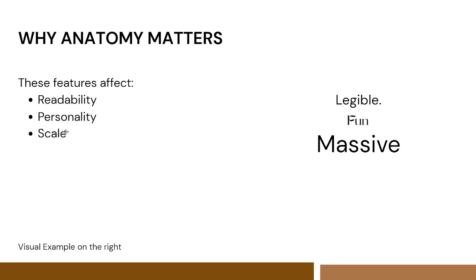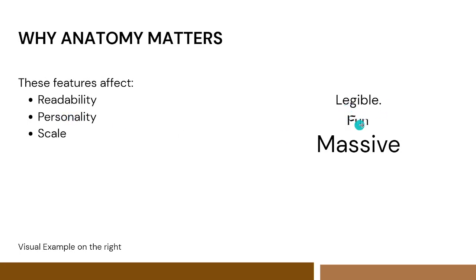I'm going to break this down again. We have anatomy of typography to communicate readability, personality, and scale. I put visual examples here. In terms of readability, this here where I'm hovering the arrow, this is legible. In terms of personality, we can use typography to communicate a particular intention.